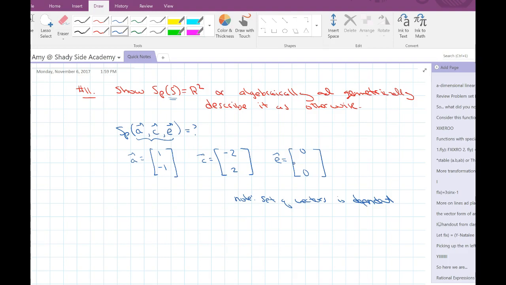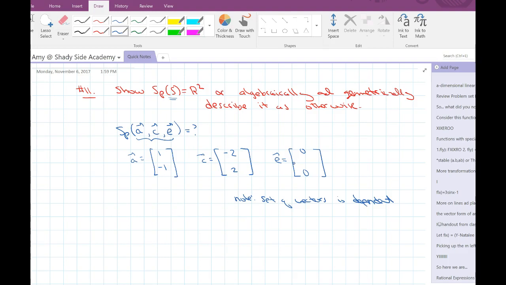So notice with this question, I could very quickly and easily answer the question about what the span of this set is, but I also want to make note of some important things. Namely, that these three vectors are dependent, and I also elaborated on how they are dependent.